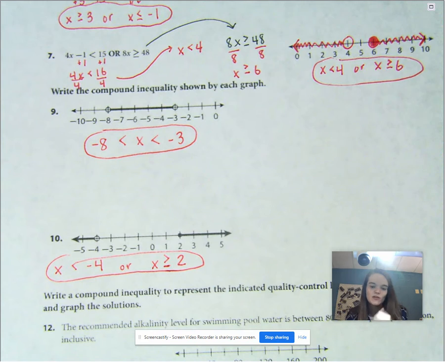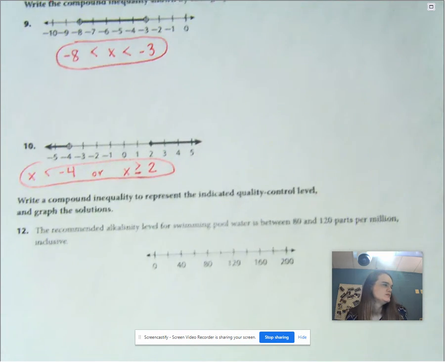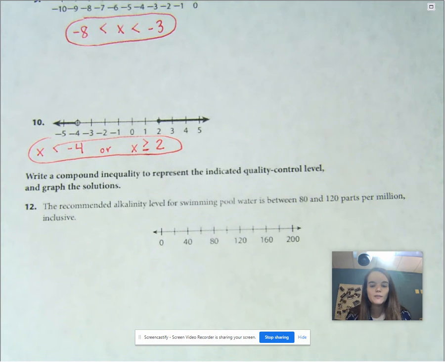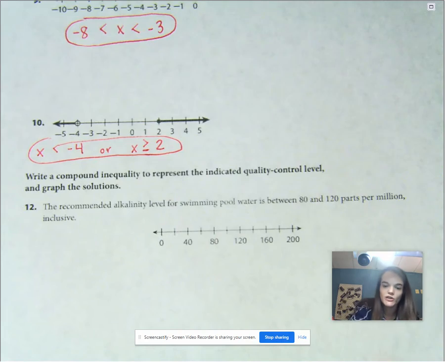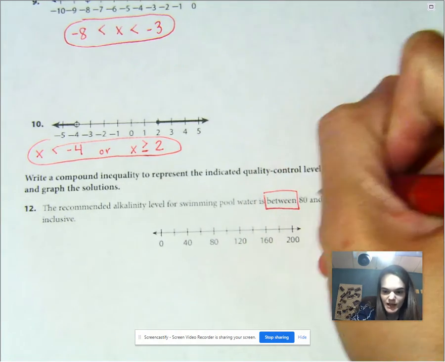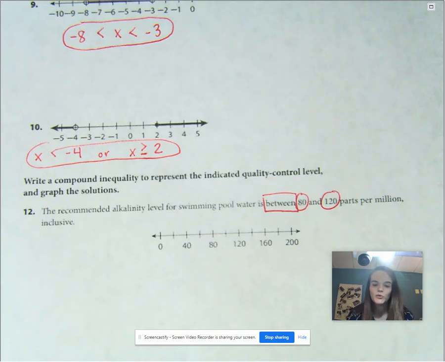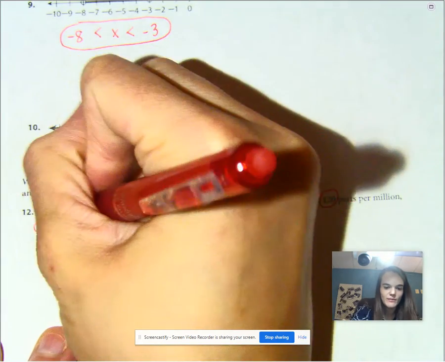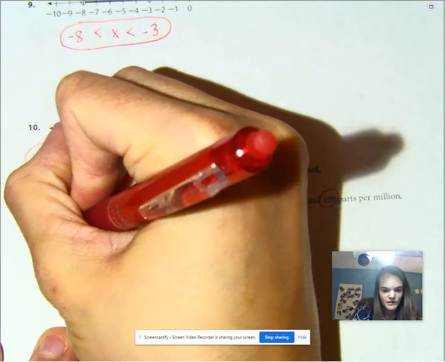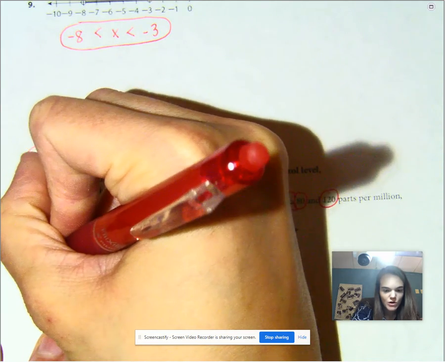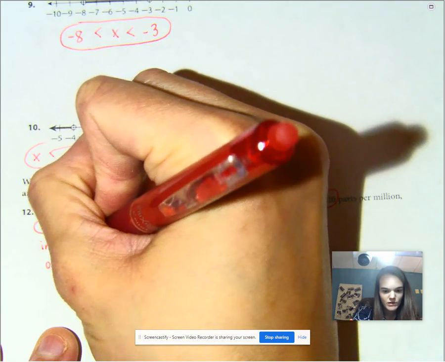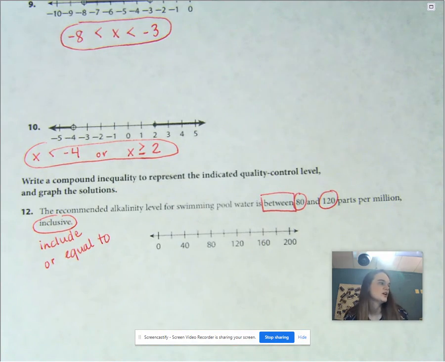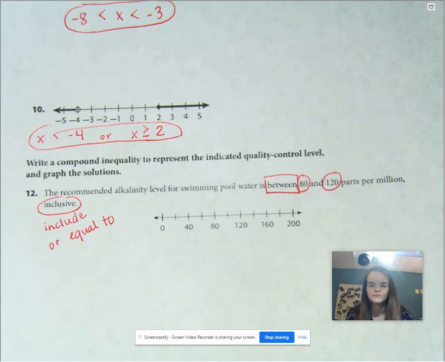Okay? Let's try number 12. Number 12, write a compound inequality to represent the indicated quality control level and graph the solutions. The recommended alkalinity level for swimming pool water is between, that's important, 80 and 120 parts per million. Inclusive means we are going to include it. It means we're going to include or equal to. That's what inclusive means. Include or equal to.